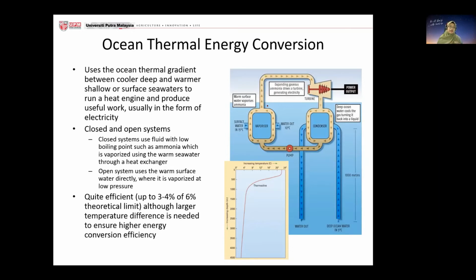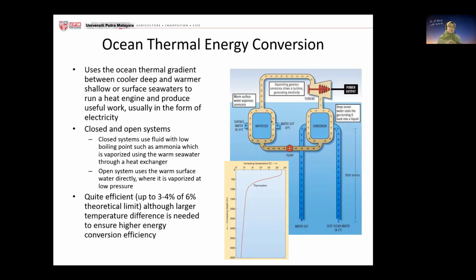It can be either a closed system or an open system. In a closed system, it uses a fluid with a low boiling point, such as ammonia, which is vaporized using the warm seawater through a heat exchanger. Whereas in an open system, so remember open, you can already relate to any types of situation. Open means you will use the warm surface water directly, where it is vaporized at low pressure.